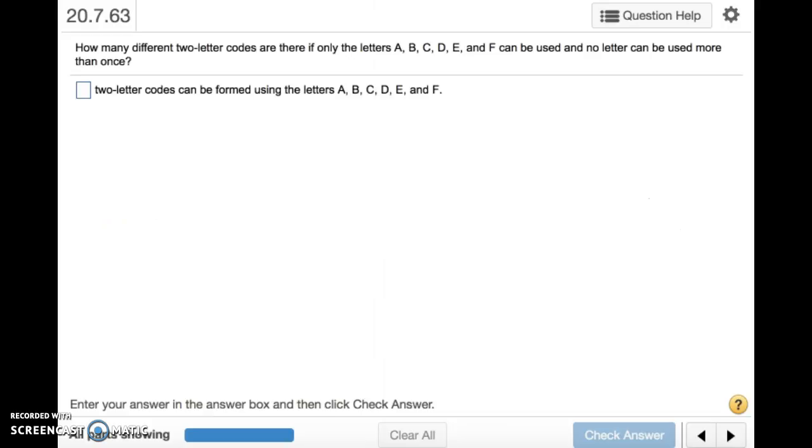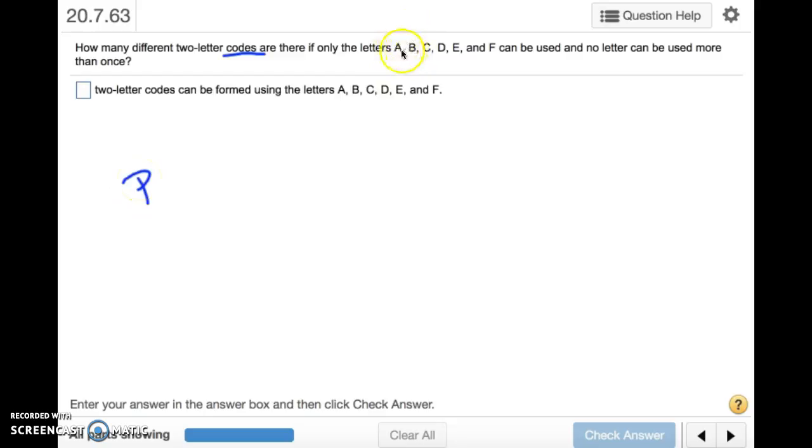All right, here is a different example. It's in similar style as the last example. It says, how many different two-letter codes are there if only the letters A, B, C, D, E, and F can be used, and no letter can be used more than once? All right, so letter codes. That sounds like the order matters, so that makes it a permutation.